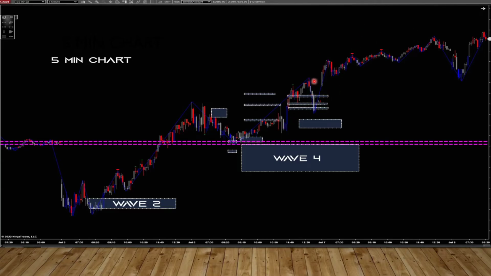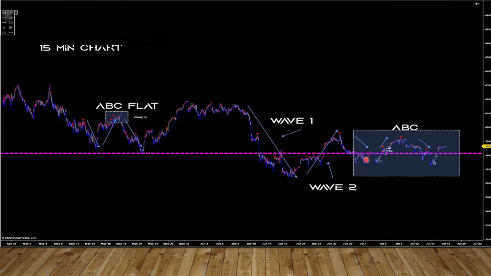So at the end of the 5, or I could have gone even at the end here, the start, since a 15 minute chart is slower, anytime within this move here, I could have been looking at a 15 minute chart, and I would have said, ooh, I don't see anything.